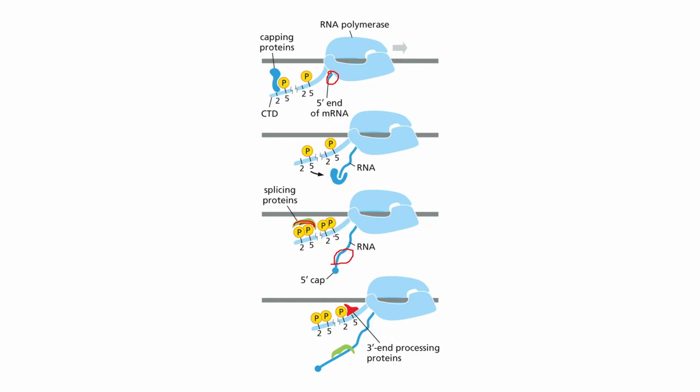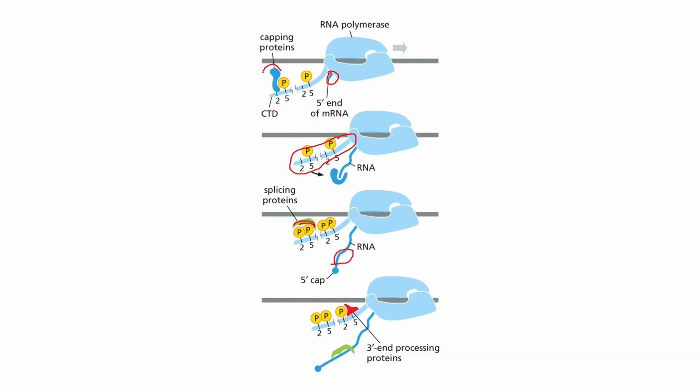Okay. Now, this splicing protein is going to be very important because this is what aids in the splicing of exons together. But notice, what I want you guys to notice is notice where they are found. They're found on the C terminal domain.